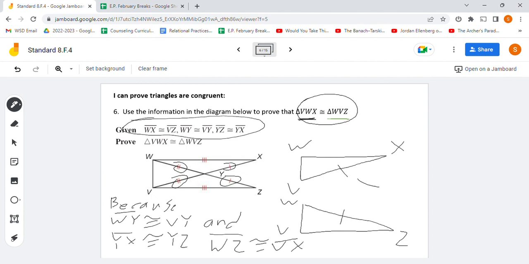And that's what we've got marked here. Alrighty, so that gives us a little bit of information there.